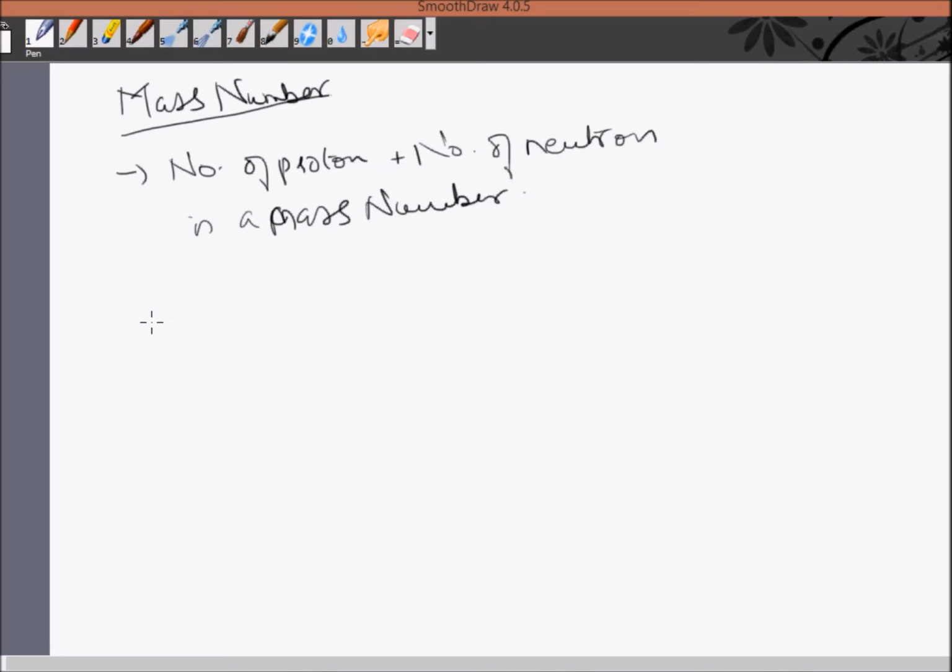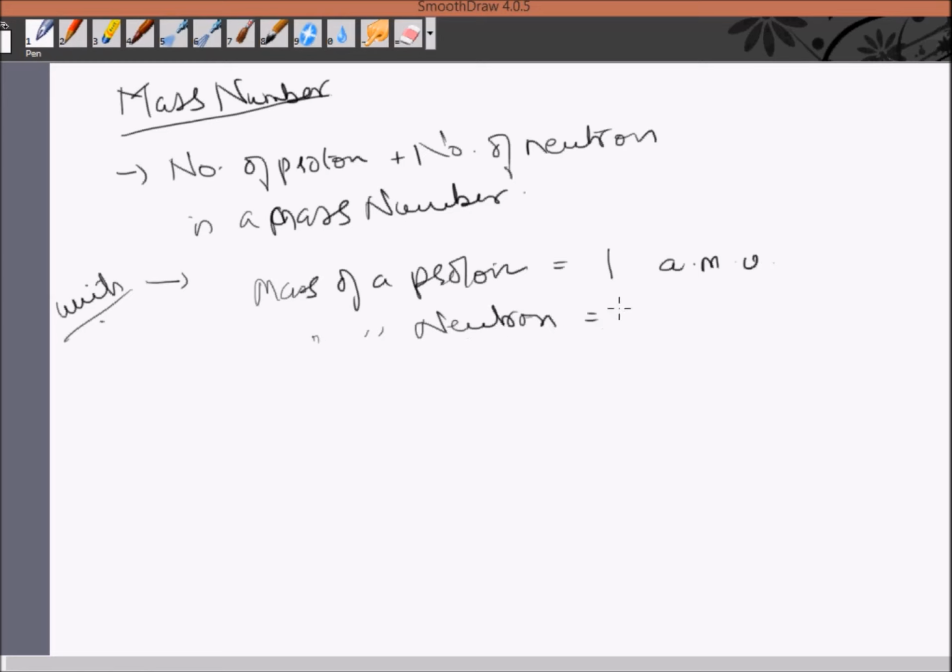Now in units, the mass of a proton is equal to 1 atomic mass unit, and the mass of a neutron is 1 atomic mass unit.